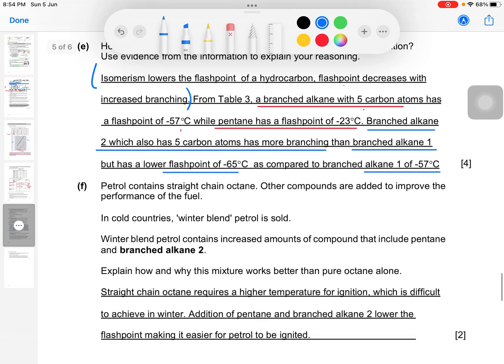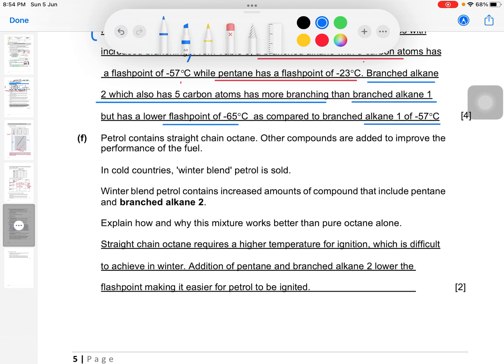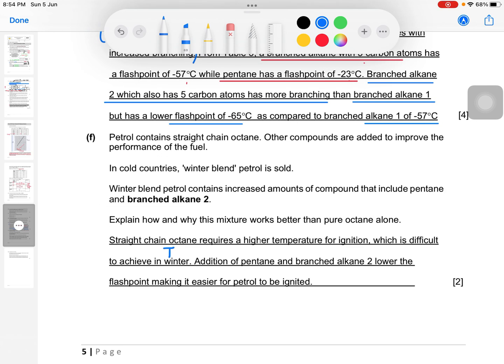Why does this mixture work better than pure octane alone? Straight chain octane requires a higher temperature for ignition, so it is difficult to achieve during winter, because in winter the temperature is low and it is very difficult to reach a higher temperature.